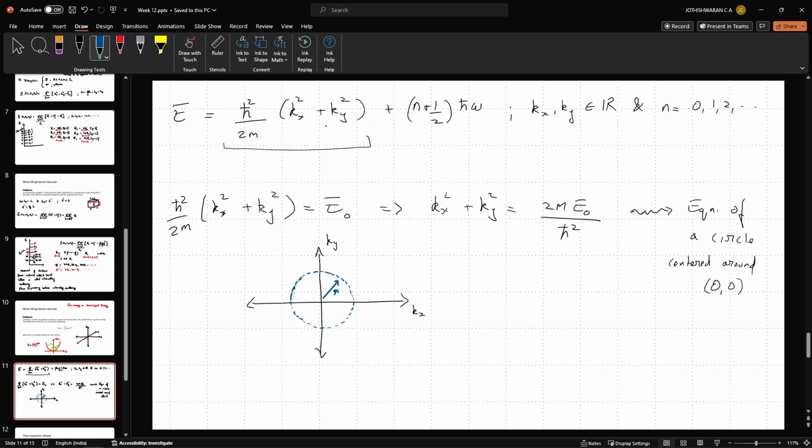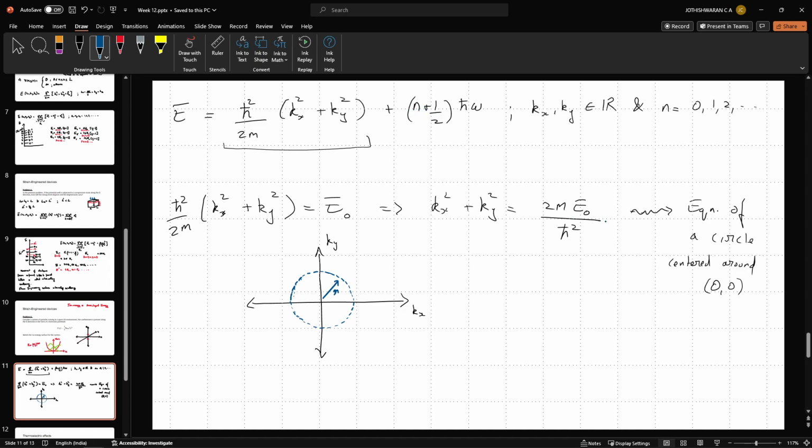Here I have told you kx and ky are real, so this quantity is always going to be greater than 0. This quantity can never be negative, and this quantity can also never be negative. So the total energy of my particle is always going to be positive. Given that, I can just increase the value of n; initially it cannot be smaller than 0.